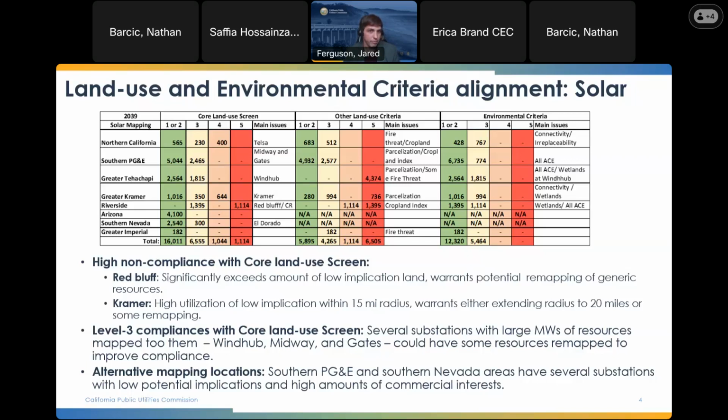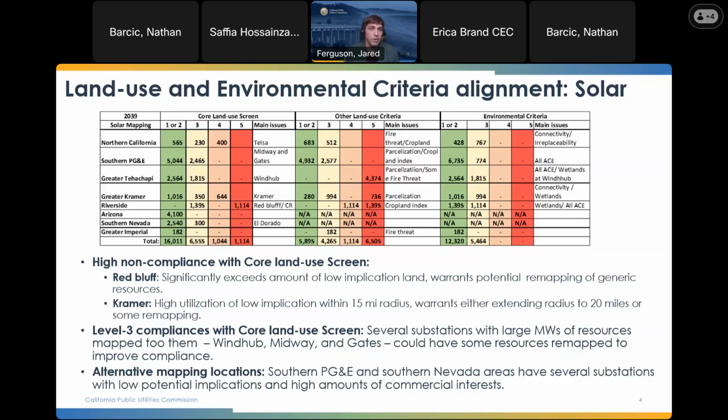The Kramer substation, which has that level 4 non-compliance with the core land screen, as Sophia was saying, is due to that limited amount of low impact potential on the northwest side. And in this area, we have two options. That analysis was conducted looking 15 miles out, and noting that we have a fair amount mapped to Kramer, it could be cost effective to warrant siting solar slightly further away.